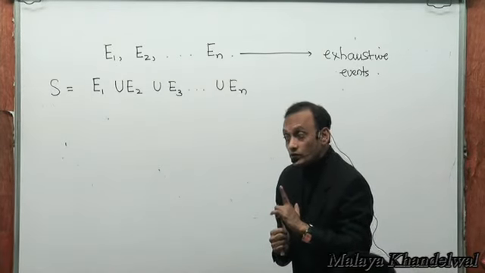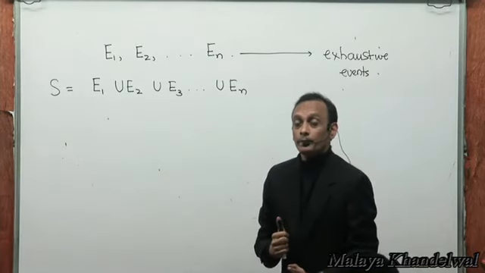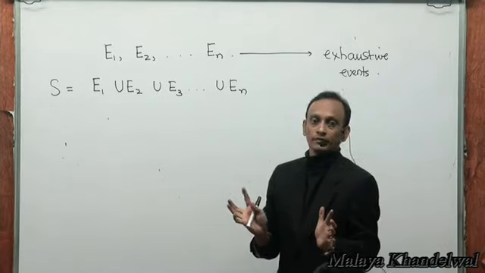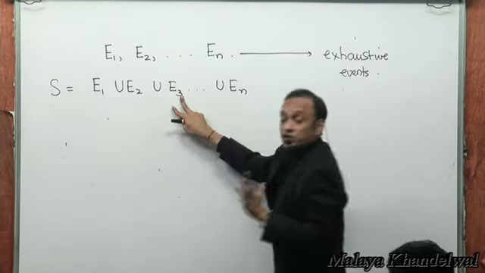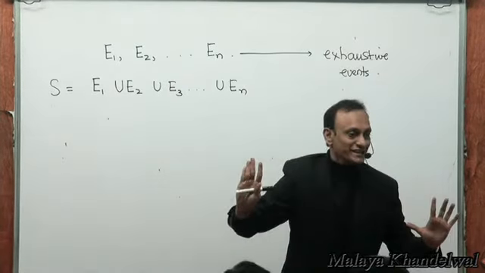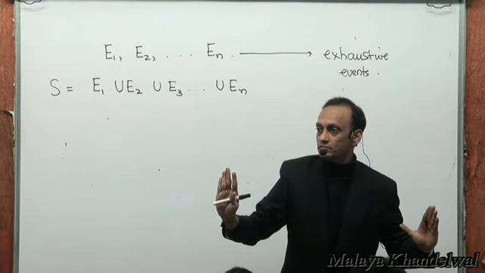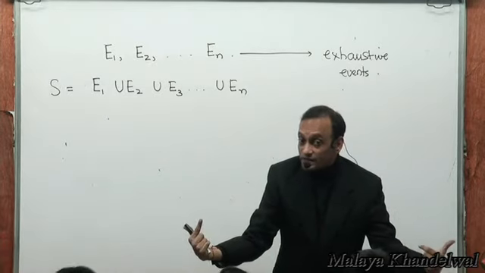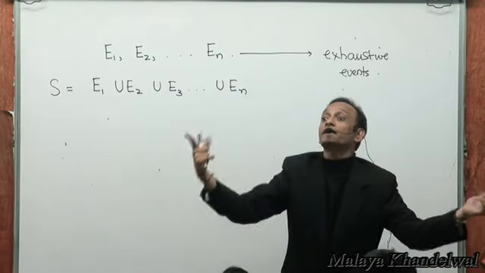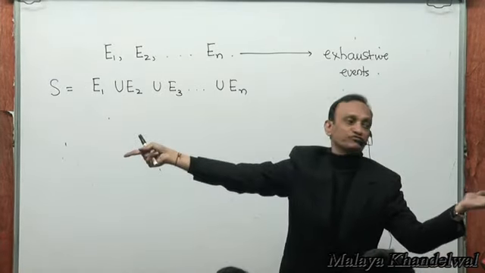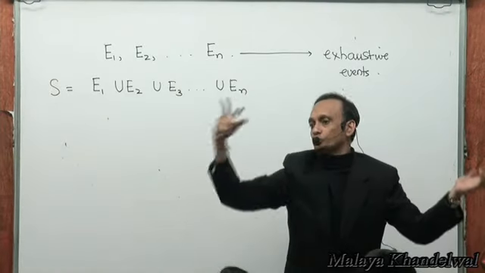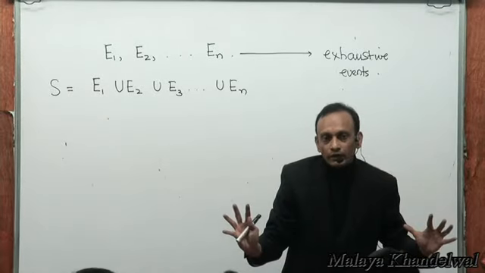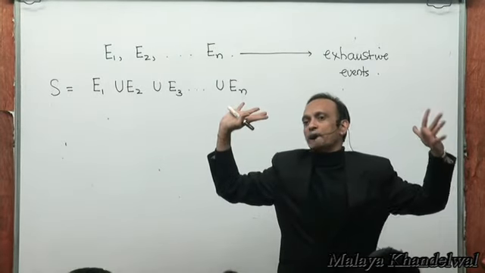Now, it is not necessary that these events be mutually exclusive. E1 intersection E3 may not be a null set, right? That's another paradigm. Being exhaustive does not guarantee that they have to be mutually exclusive. May or may not be, but together, they reflect the entire sample space.